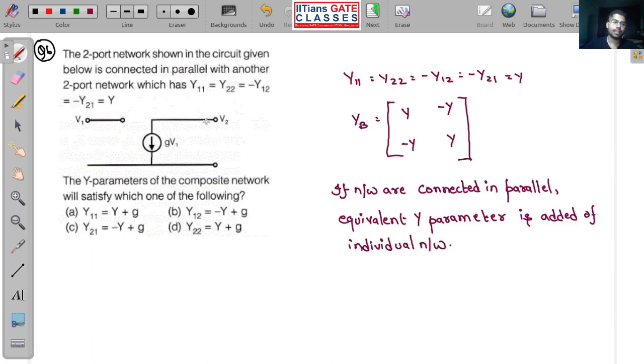As simple as that. So now we have been given YB, we have to calculate YA. I am assuming the y parameter of this circuit is denoted by YA. So how do we calculate it?